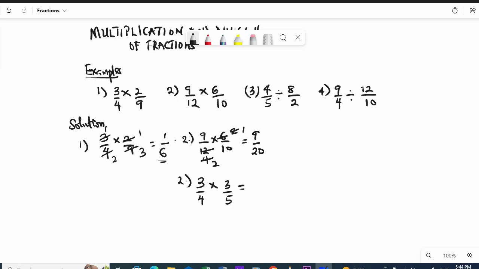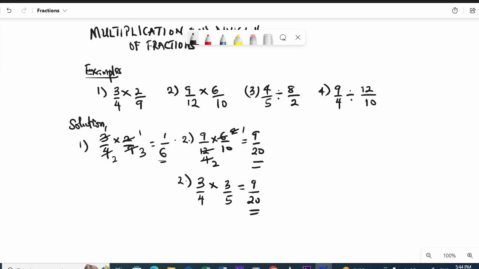So now we do not have any common factors between this numerator and this denominator, so we can't divide anything here. Same thing with this one and this one. This numerator here and this denominator here, that's 3 and 4. So we just multiply together. 3 times 3, that's 9, and 5 times 4, that's 20. Still the same thing. Okay.